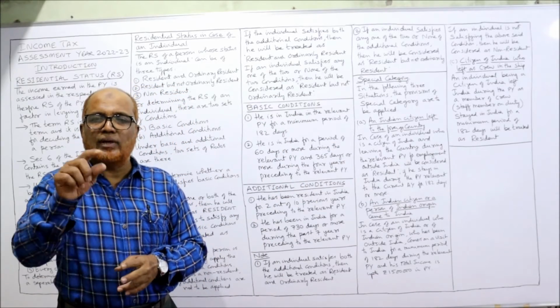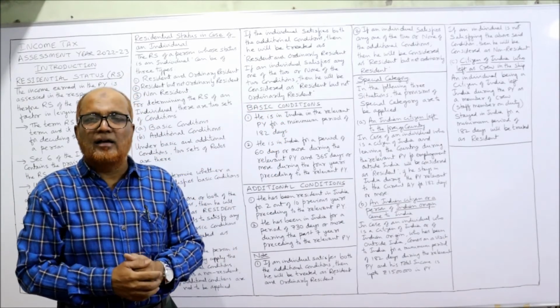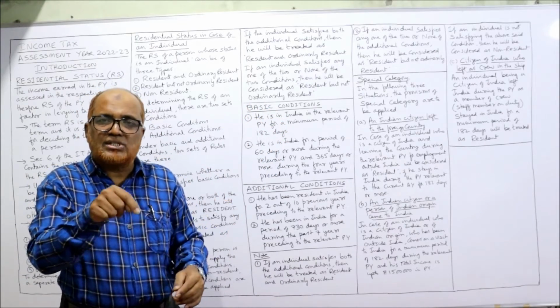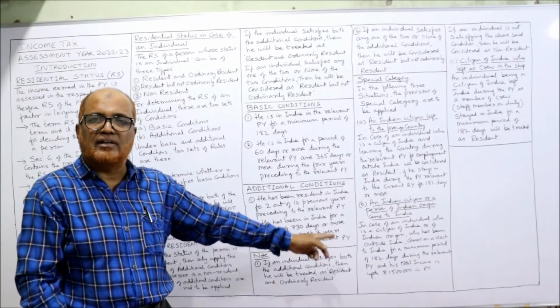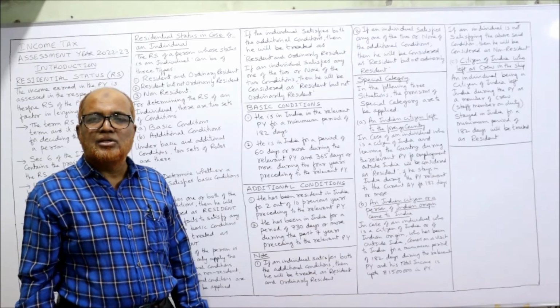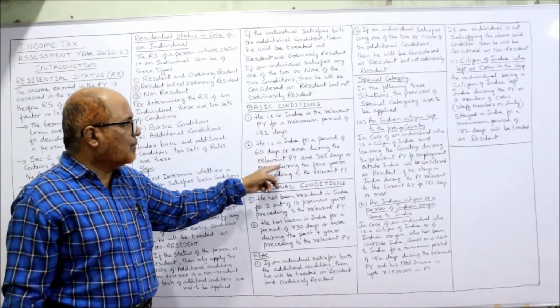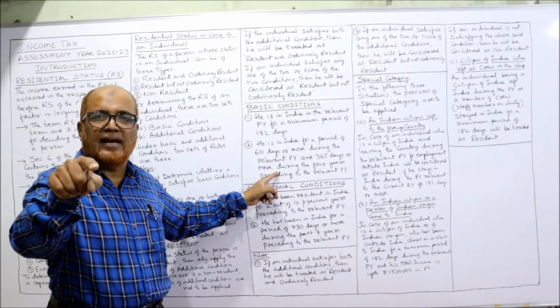Our current previous year is 21-22. Before 21-22, you go back 7 years. In those 7 years, he should stay in India for a minimum period of 730 days. This is the second.